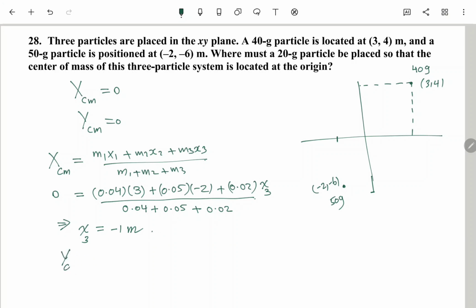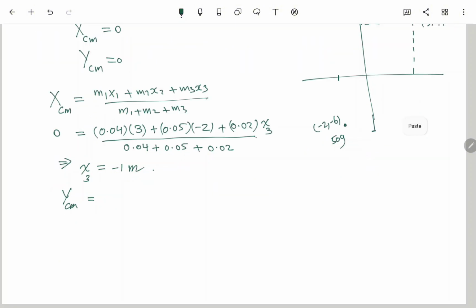Now y center of mass equal to m1 y1 plus m2 y2 plus m3 y3 divided by m1 plus m2 plus m3. Now let's substitute the numbers.